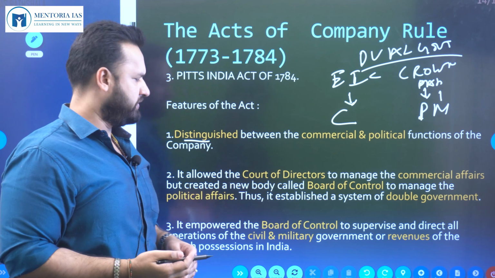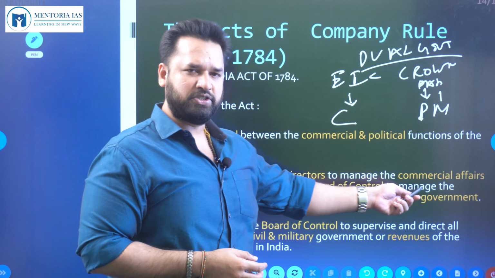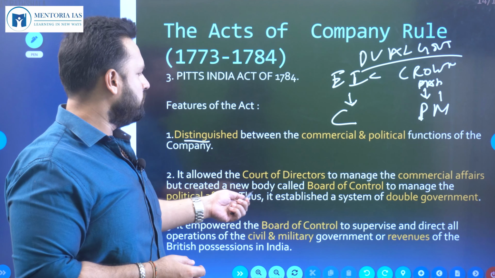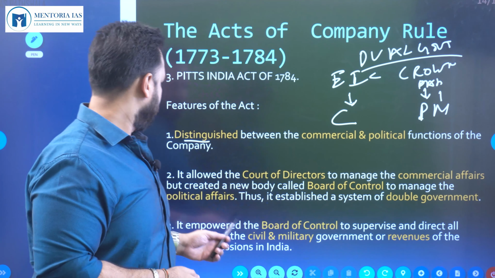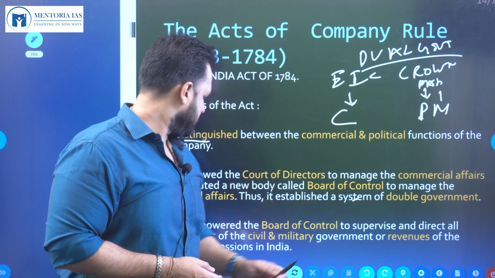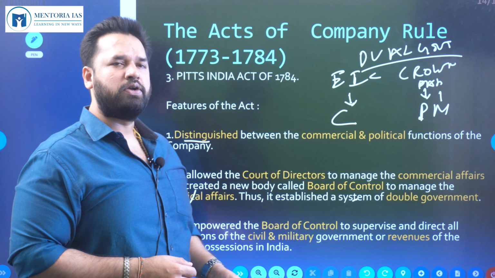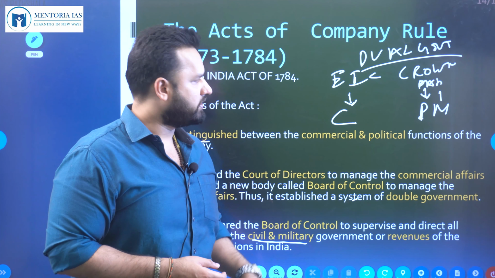Okay, and the next feature was it allowed the Court of Directors to manage the commercial affairs but created a new body called Board of Control. Okay, what is this Board of Control? It controlled the political affairs, thus it established the system of double government. Okay, it empowered the Board of Control to supervise and direct all the operations of civil and military.